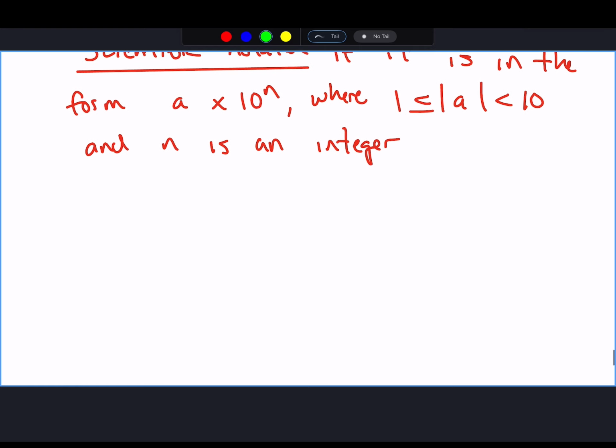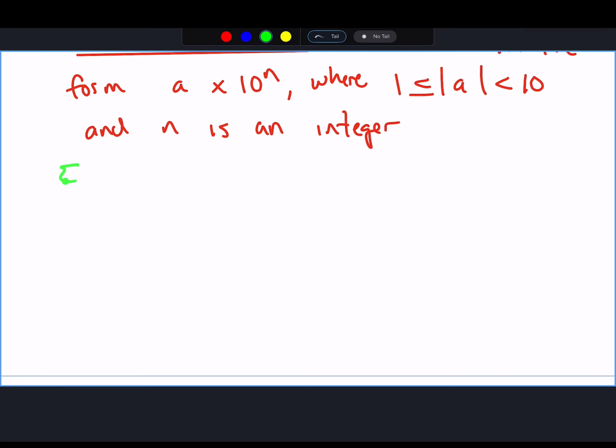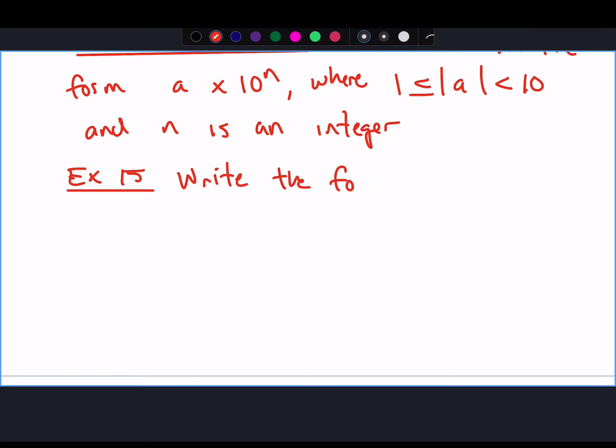Okay, let's use that and do an example. We want to write the following number in scientific notation.